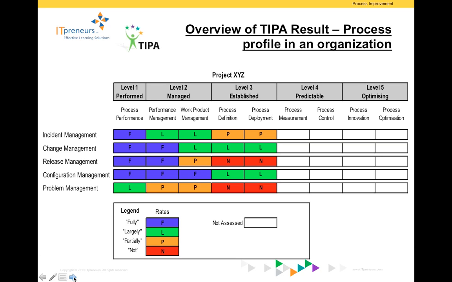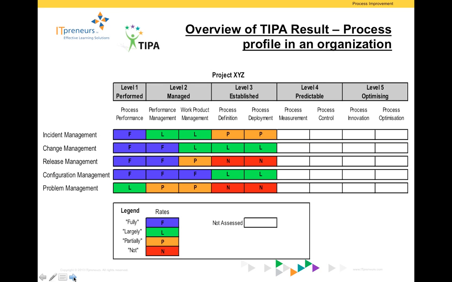These attributes have sub-attributes or criteria that are all defined in TIPA that we need to assess as an assessor. So all of this is already there, well documented, and we could follow this guideline to be able to, again, assess very much with consistency from one assessment to another.